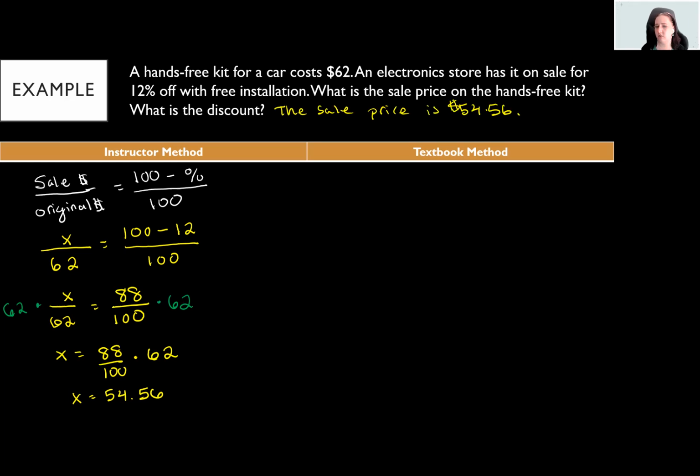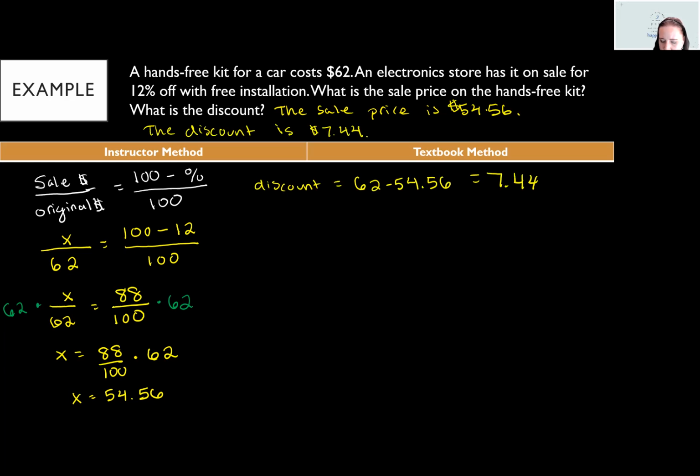So all you need to do is subtract 62 minus 54.56 to find that amount. So our discount is equal to 62 minus 54.56, which gives us 7.44. So the discount is $7.44.